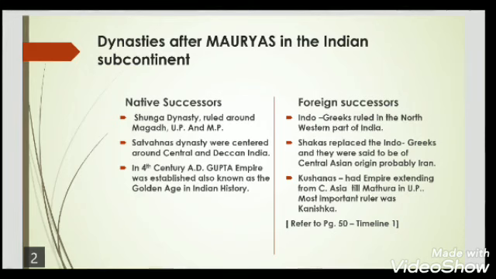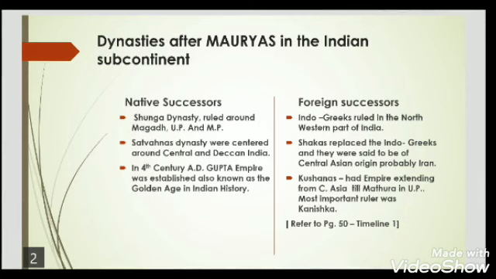So they were ruling the northwestern part of India, you can say Punjab, Haryana and that northwestern part. In Central India and the Deccan you have the Satavahanas, whereas in the eastern part of Magadh, UP and Bihar, you have the Shunga dynasty.